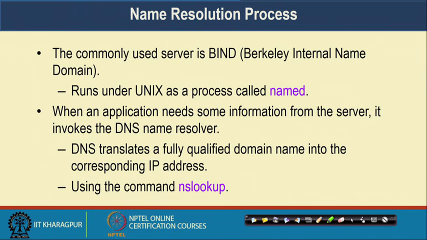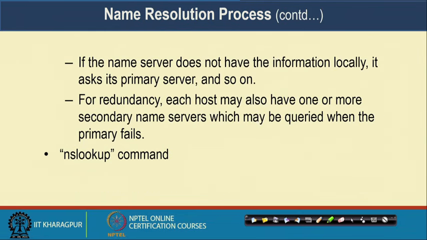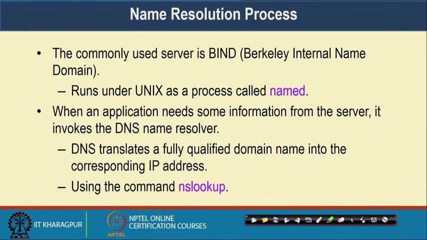When an application needs some information from the user, it invokes the DNS name resolution resolver. So, it resolves the name. The DNS translates a fully qualified domain name into a corresponding IP address using the command called nslookup. So, when we give nslookup, it is resolved into the particular resolution.